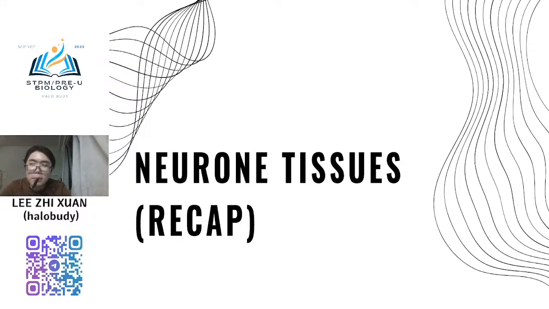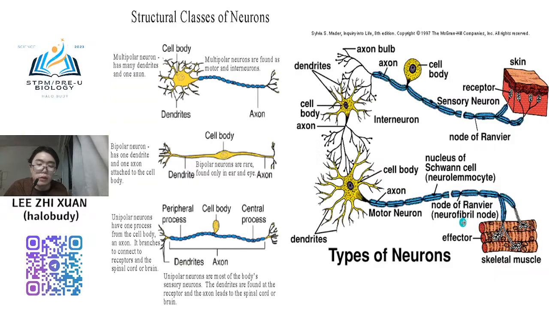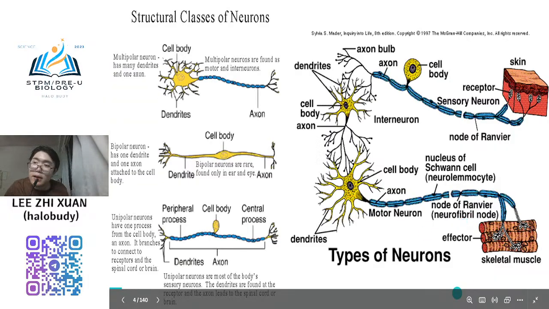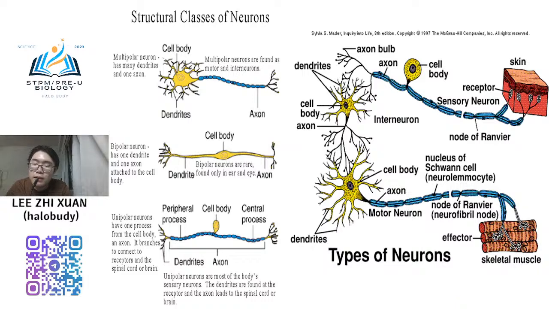So before you learn about the nervous system, you should remember what you already learned in semester 1, which is neuron tissue too. Okay, so this one is the basic diagram of the neuron cell.